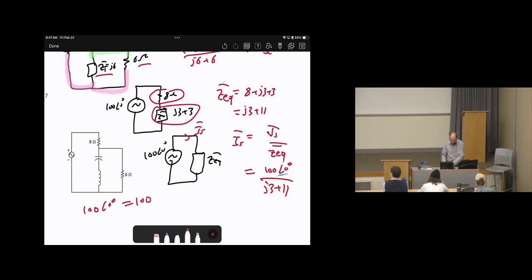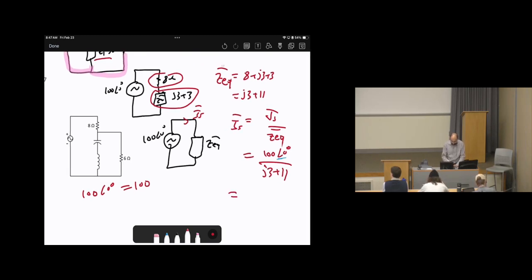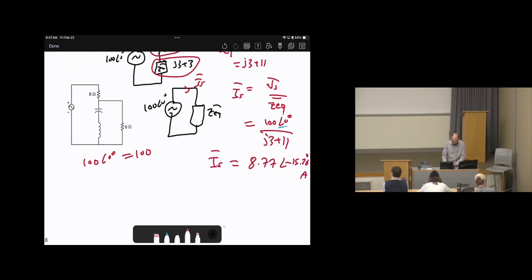The answer, keep in mind, we need to make it in polar: 8.77 angle negative 15.26 degrees amperes. I source. Whenever we are dealing with voltages and currents, they will be in polar, while whenever we have impedance, it will be in rectangular.